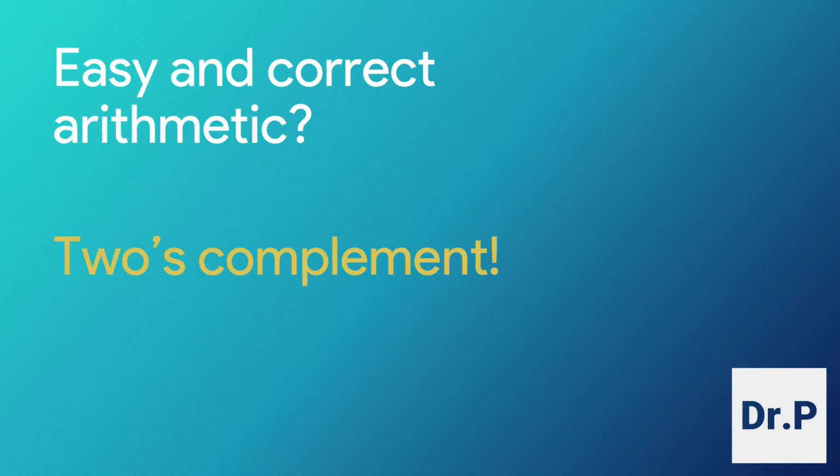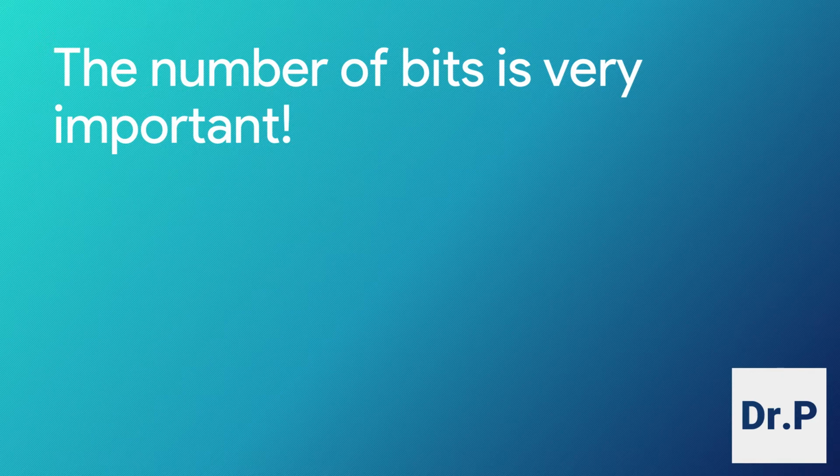Criterion 2 is satisfied by a number system known as 2's complement. Let's dive into how we can get a 2's complement number. The first thing we need to establish is the number of bits we're working with. As explained in the video I made about overflow, our hardware is always going to have some type of limit to how wide our binary numbers are.